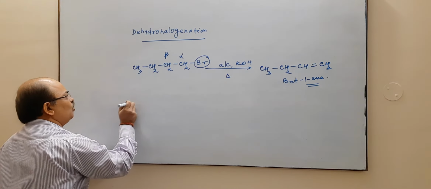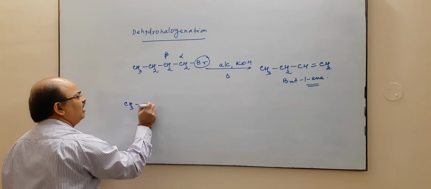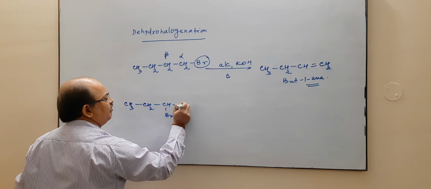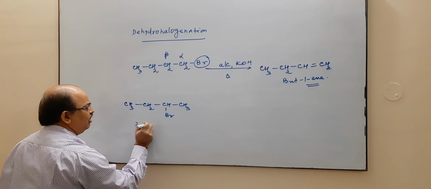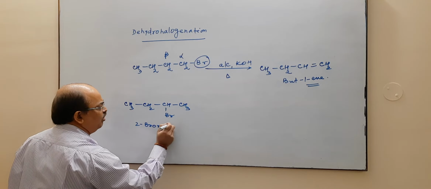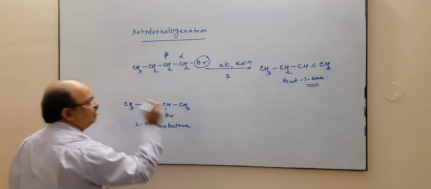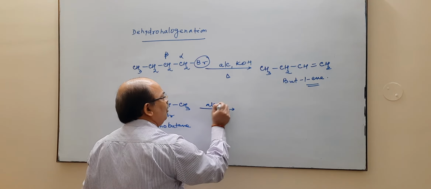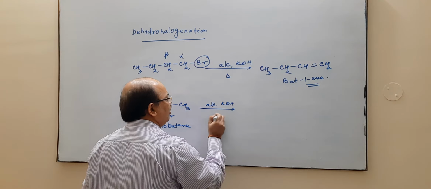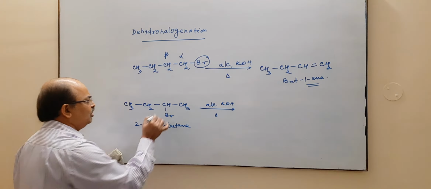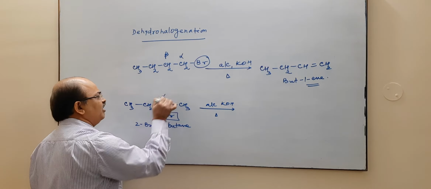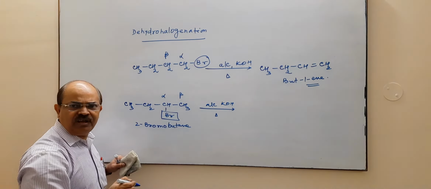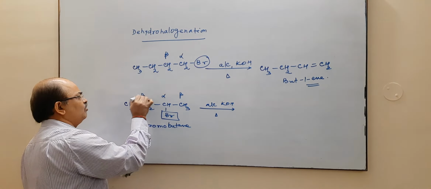But let us suppose we have an alkyl halide of this type, this is 2-bromobutane, and you heat it with alcoholic KOH. So this is bromine, this carbon is alpha, but this carbon is also beta and this carbon is also beta.